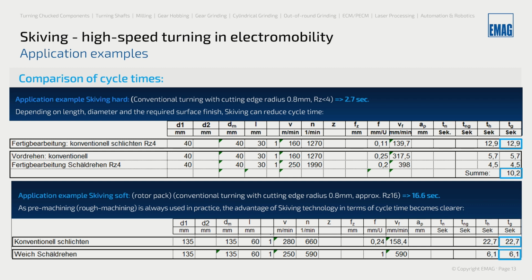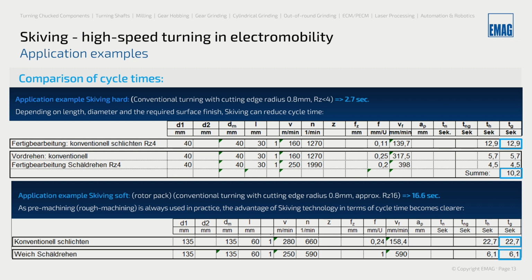So in the calculation, you see the finish turning with a conventional cutting edge. We have a surface speed of 160 meters. And for the surface, we need a feed weight of 0.11 millimeters. This would need 12.9 seconds.